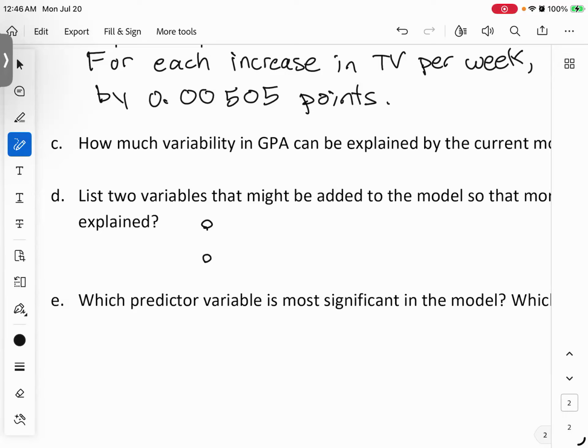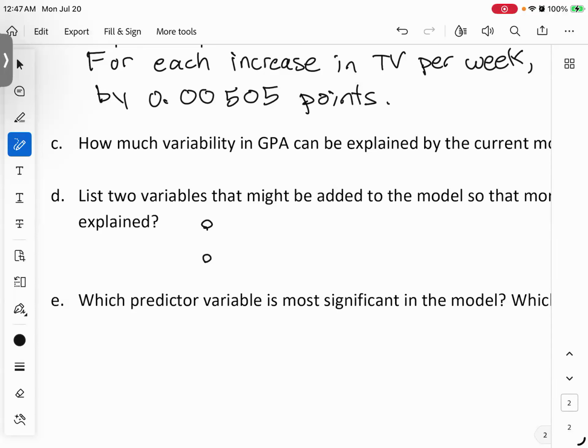It's just come up with something from your everyday thinking. What do you think that hasn't already been mentioned in this scenario that might be valuable in terms of being able to predict your GPA, for better or worse? Something that, if you collected that from individuals, might explain why someone's GPA is going up, or help explain why it's going down.